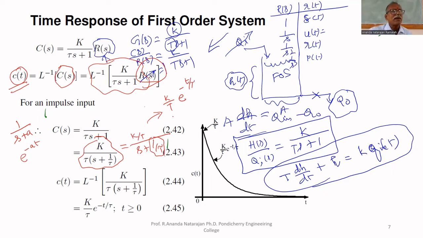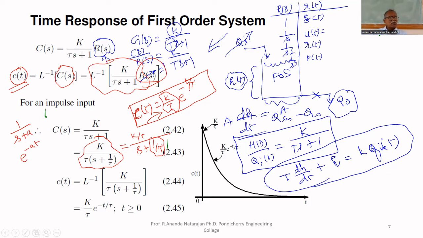So this is C of t, the time response, the impulse response of the system. C of t equal to K upon tau e power minus t by tau.